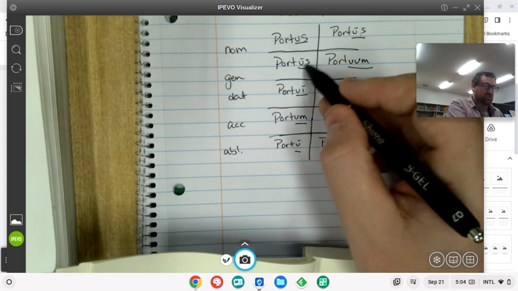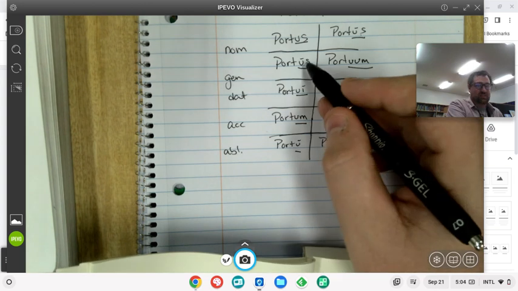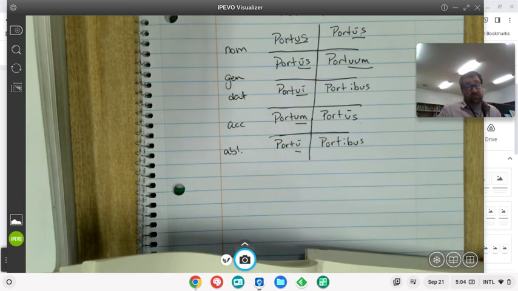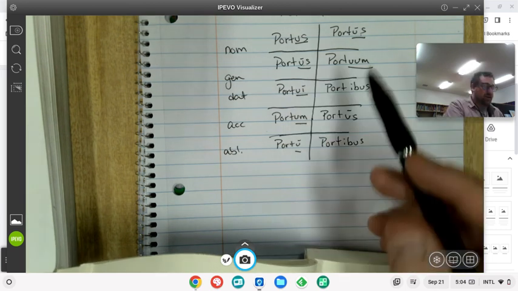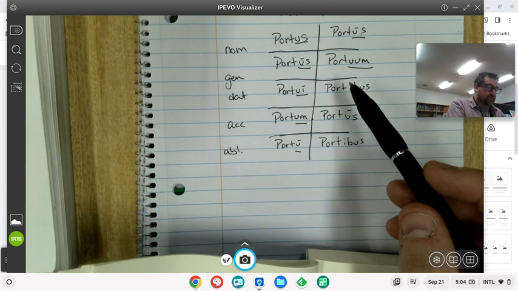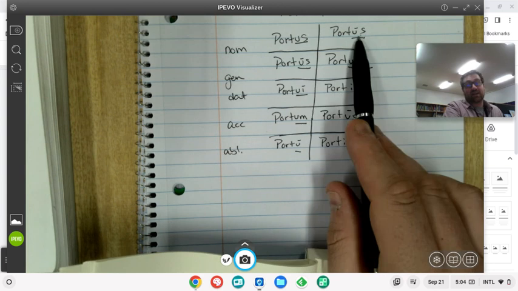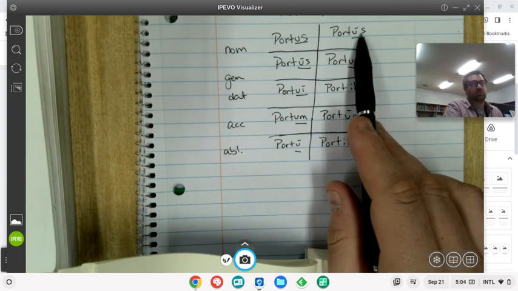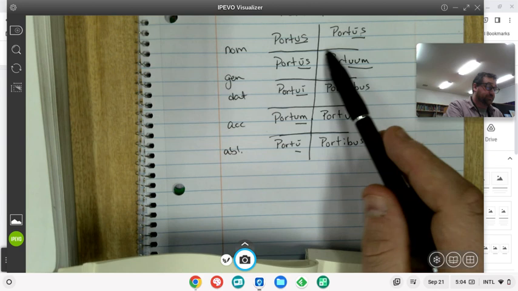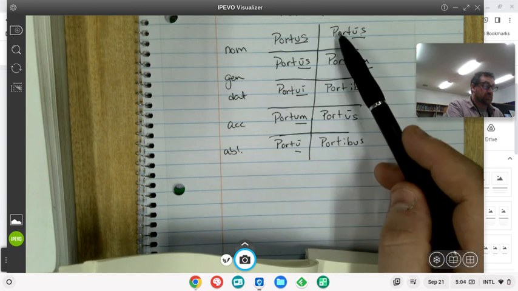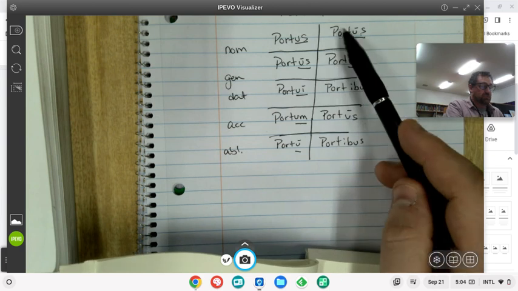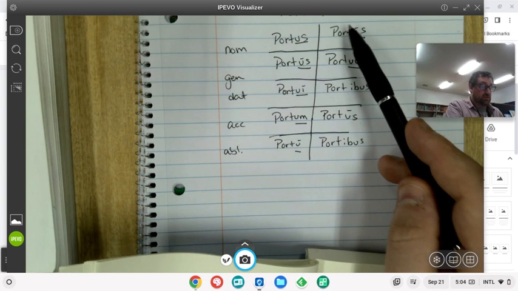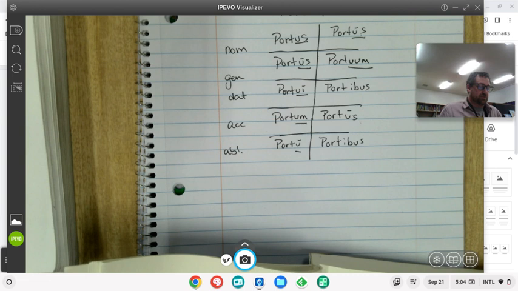We're used to these two being the same from first declension and second declension masculine, though not second declension neuter, where this would be an A. Now we have these two still being the same, and the same as this. And so that is our fourth declension.